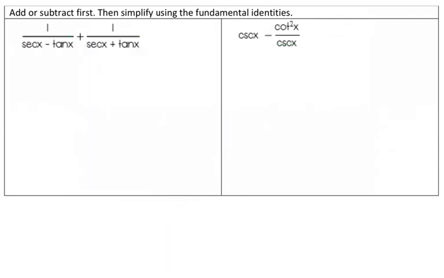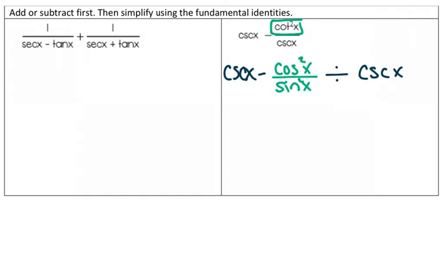Okay, so for the next one, I'm not going to worry about adding or subtracting first. I'm just going to change this to cosine squared over sine squared. It's being divided by cosecant, and then I have that first cosecant x.